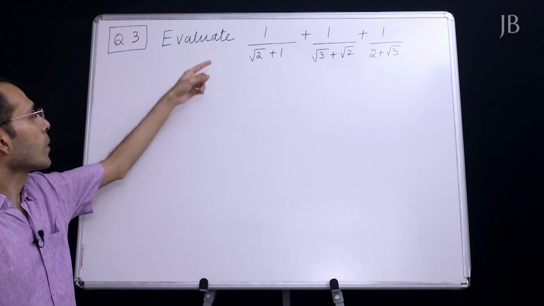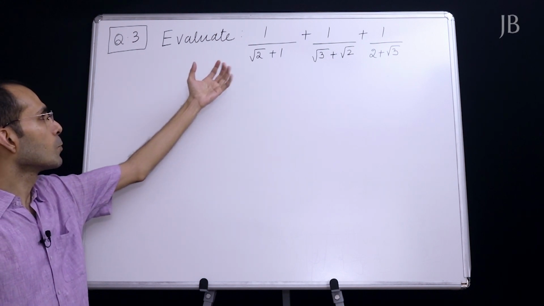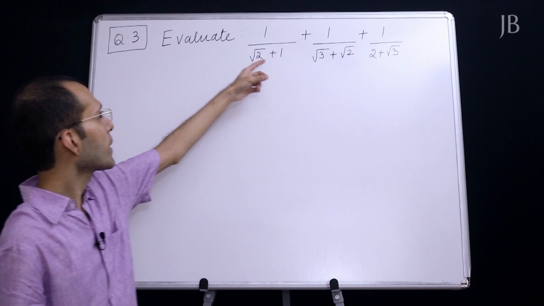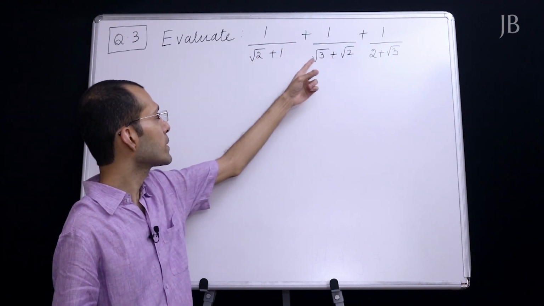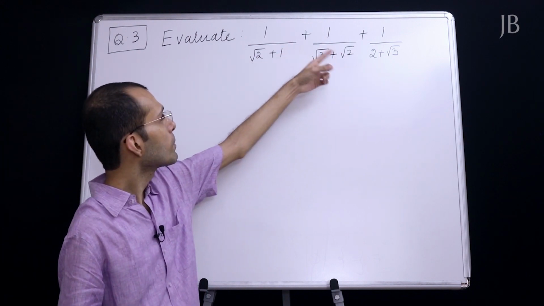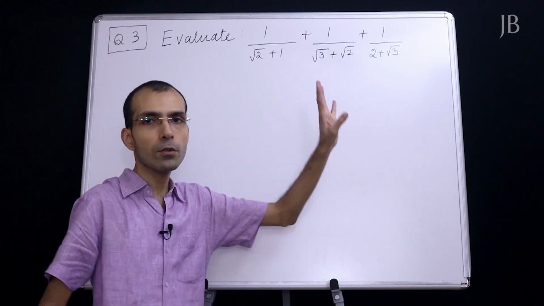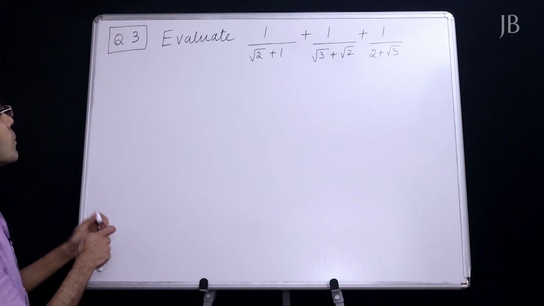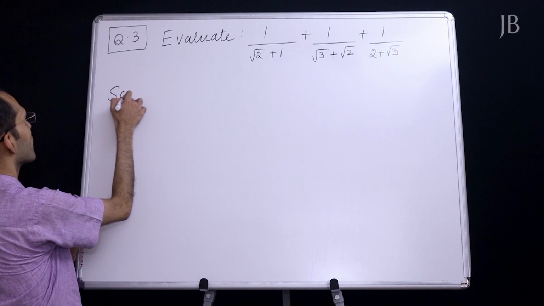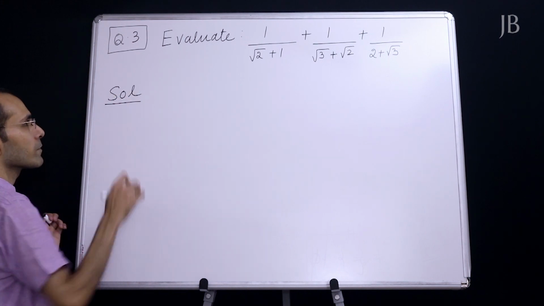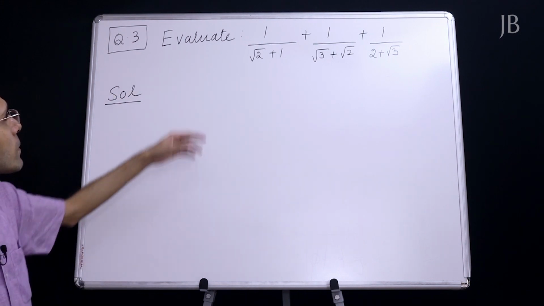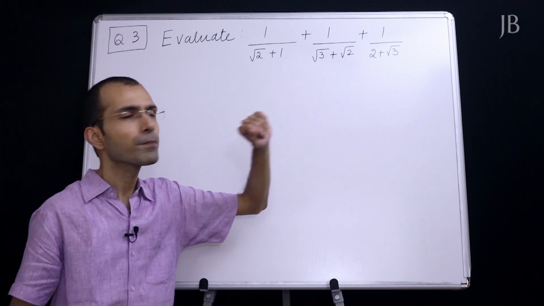Evaluate 1 upon root 2 plus 1 plus 1 upon root 3 plus root 2 plus 1 upon 2 plus root 3. So observe now. Do not rush into solving the sum. 3 fractions, okay.